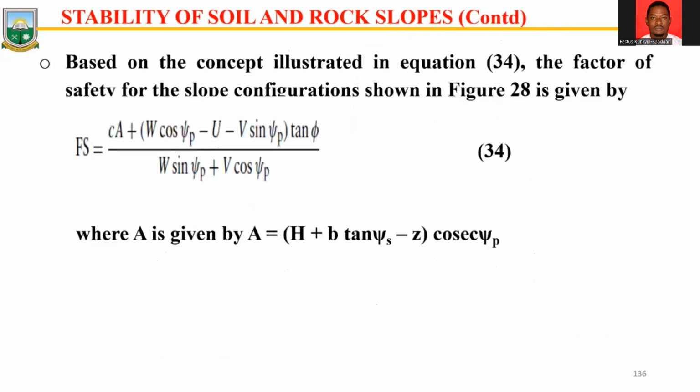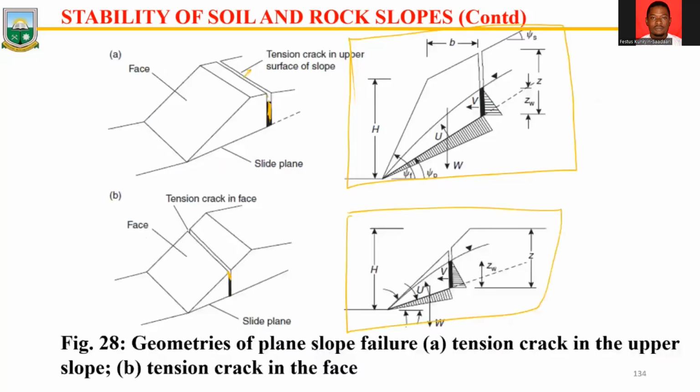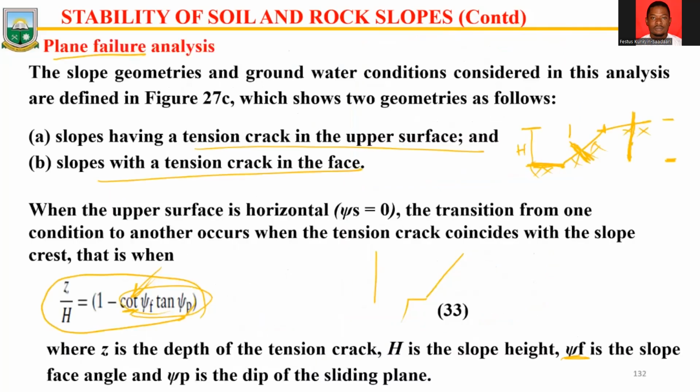Then we also have this one, which is also resolved from this figure. Based on the concept illustrated in this figure, as we saw in the earlier pictures, you have this as phi s, which is the phi s they showed you here.